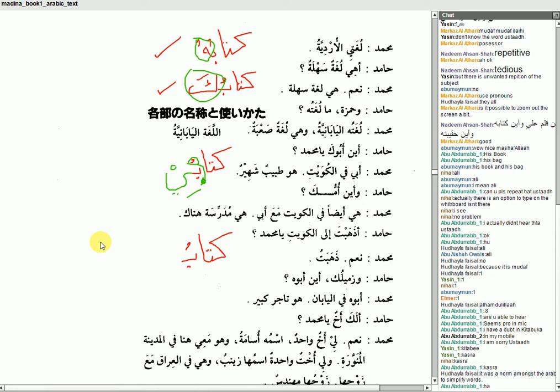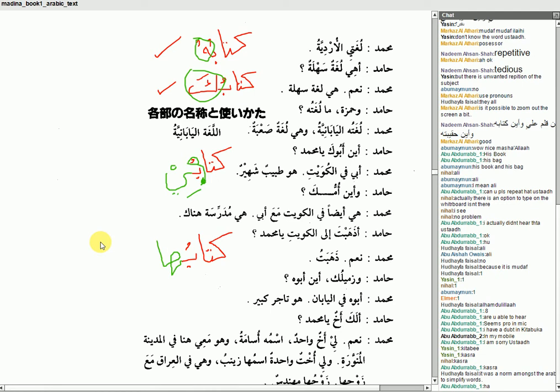Got it now, alhamdulillah. So for the color, kitabu, and then it's a question of how you draw the ha, different ways of doing it. This is one way I'm going to show you now. Starting from the bar, you go down and up, down like this. That's your alif.